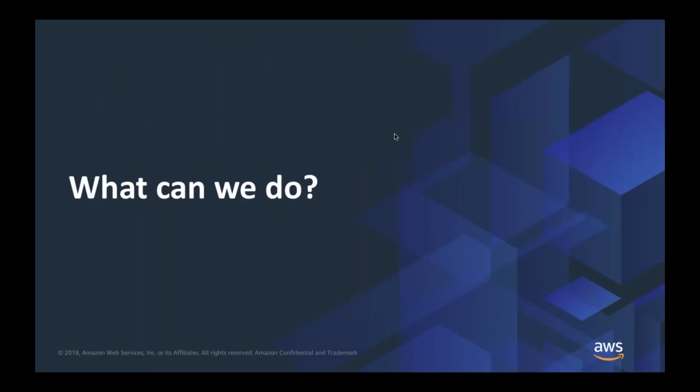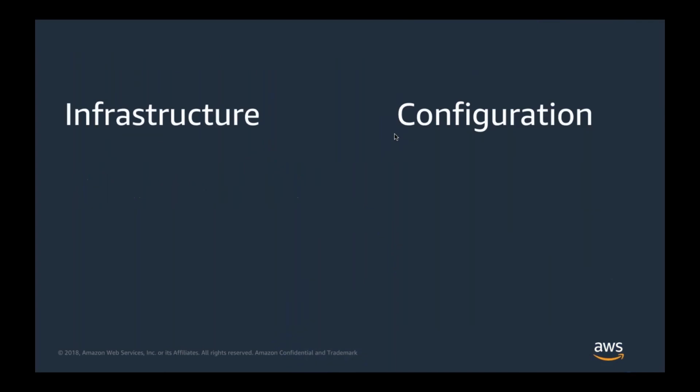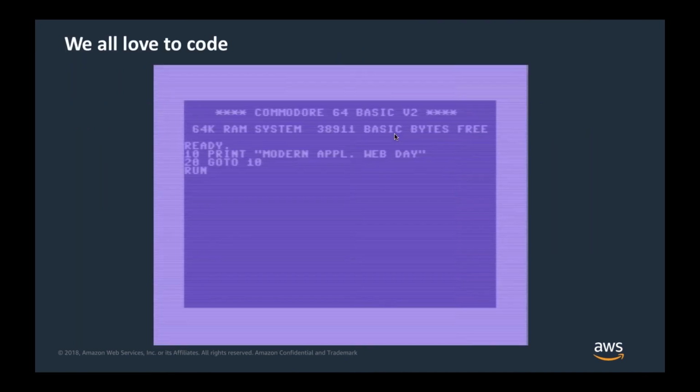So what can we do? What's the solution here? Let's delve into infrastructure and configuration as code, right? We all love to code, right? What if we can actually represent all of these changes and all of these clicks Bob does as a piece of code?